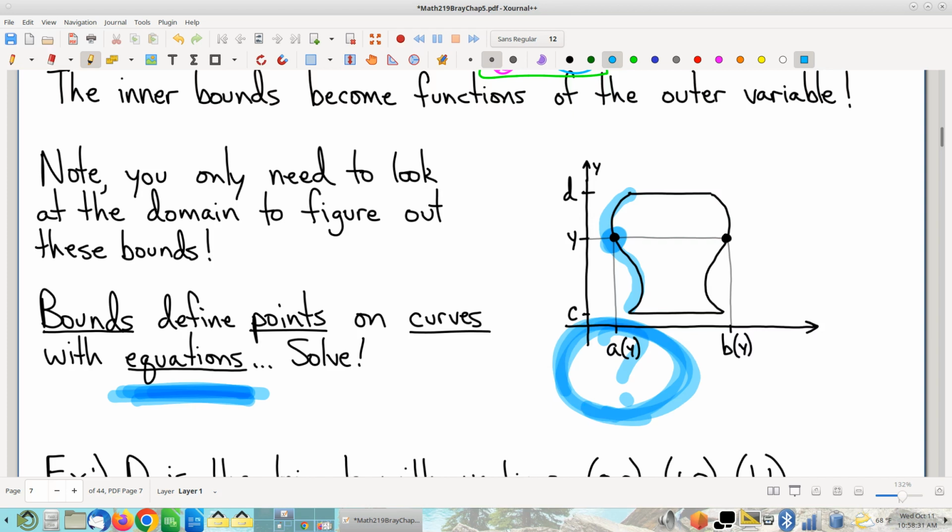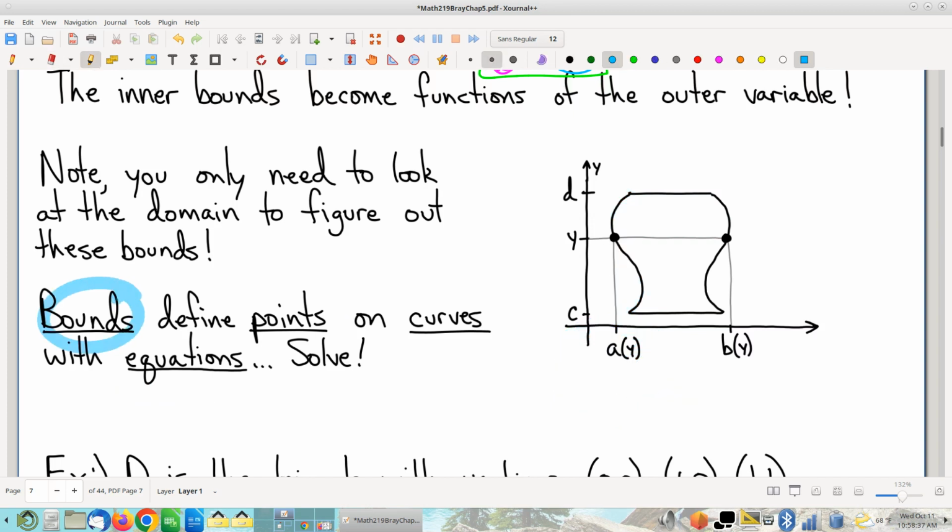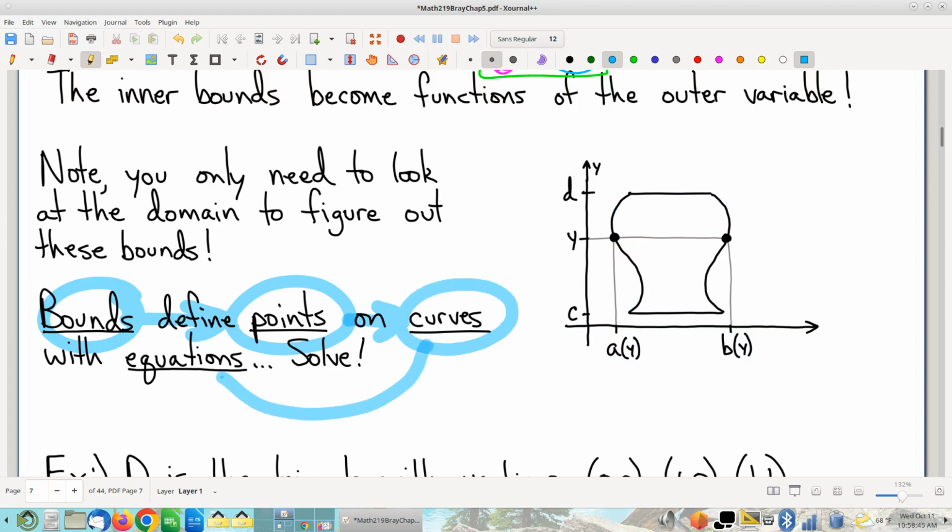So this is our connect the dots process that'll help me find my lower bounds. To understand a given bound, identify what point it corresponds to. Identify what curve that's on. Identify what equation describes that curve. And then in that equation, solve for the variable in question, in this case x, and that tells you your bound.